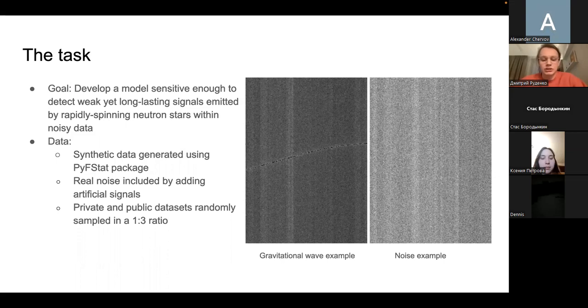After that, we had to join these and create our own training data sets to solve the competition. So part of the competition was to generate your own data. The data also included real noise, split into several parts, and an artificial signal was added to every test to generate semi-synthetic data.